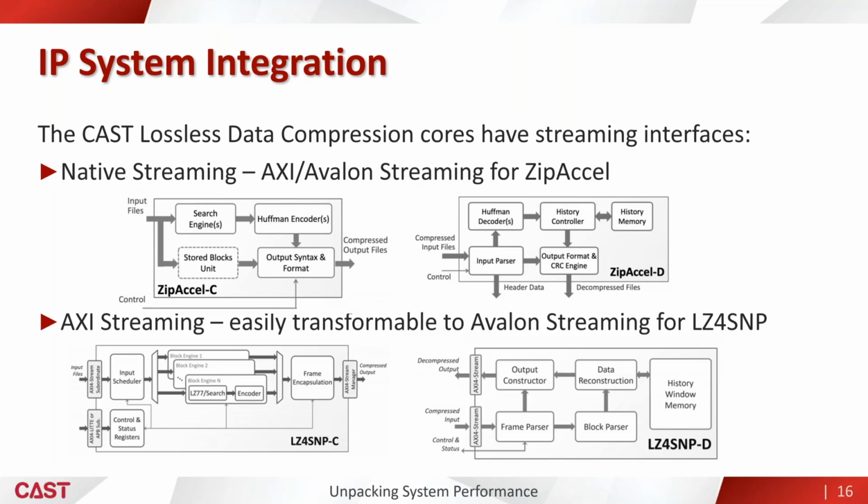The ZipAccel cores by CAST offer a native streaming interface, or alternatively AXI or Avalon streaming interfaces that are very, very easy to use. The same applies to the LZ4 and Snappy cores, for both compression and decompression. The standard interface there is AXI streaming, which is easily transformable to Avalon streaming for these cores.